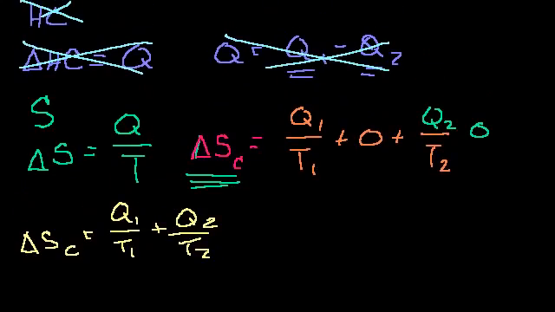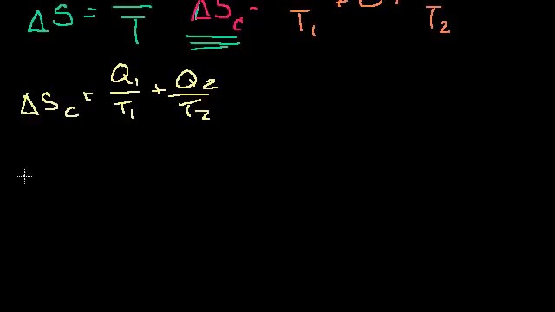Well, let me do a little aside here. Q1 is equal to the work done as we went from A to B. And work, remember, can just be written as pressure times change in volume. We're going to do a little calculus here, so I'll write dV for a small change in volume, and we're going to integrate it.